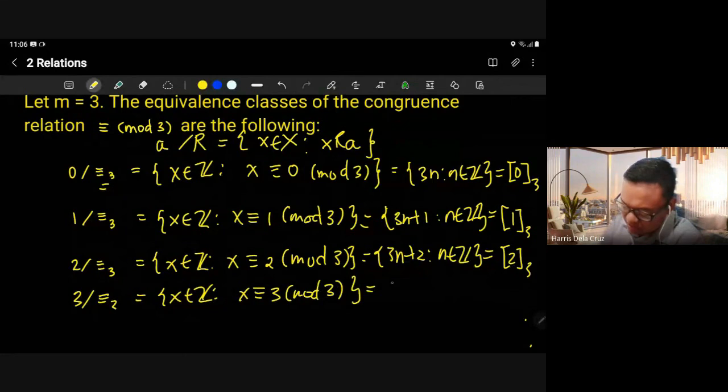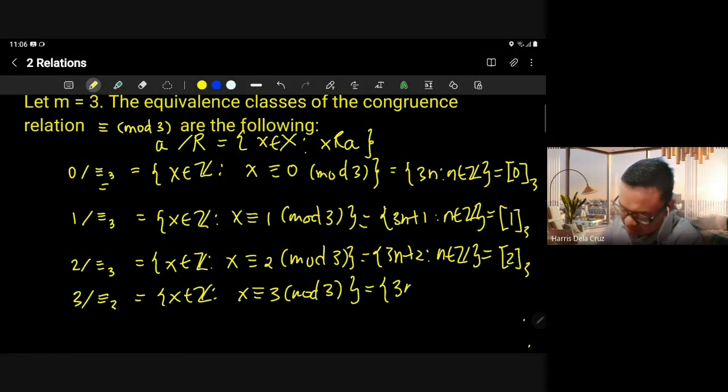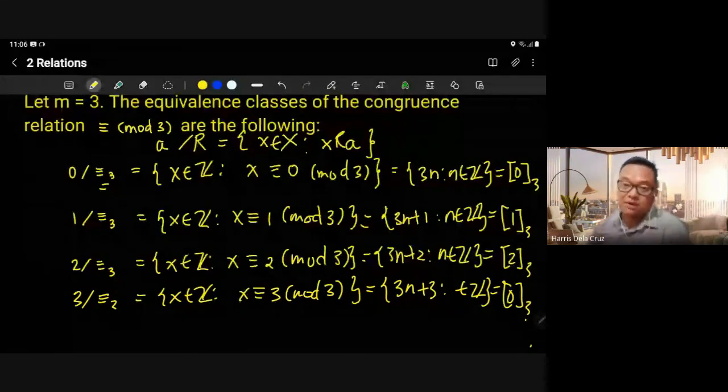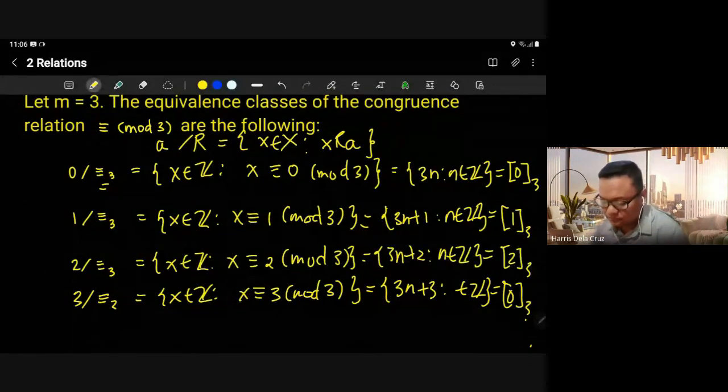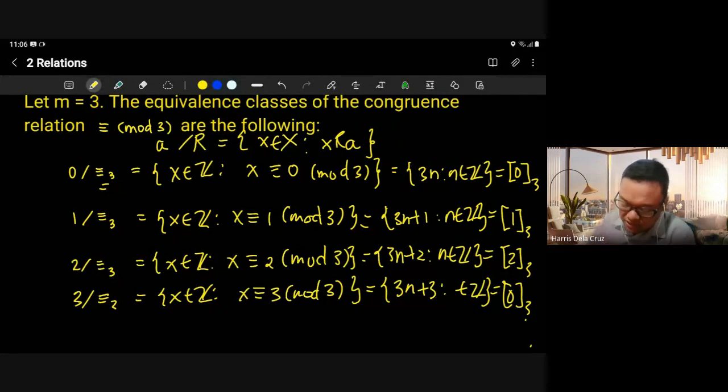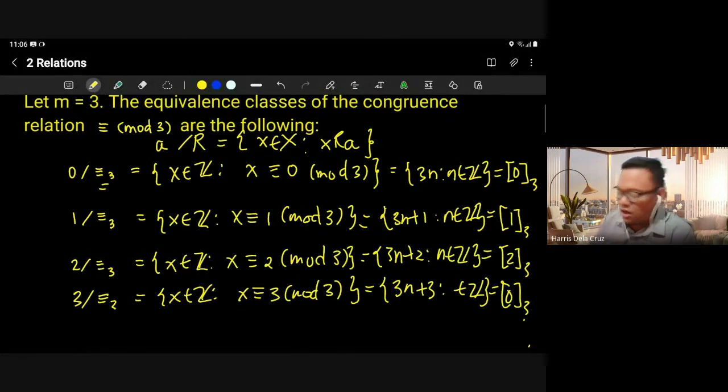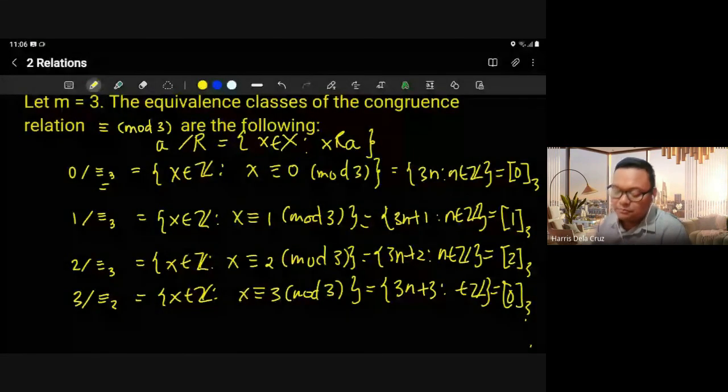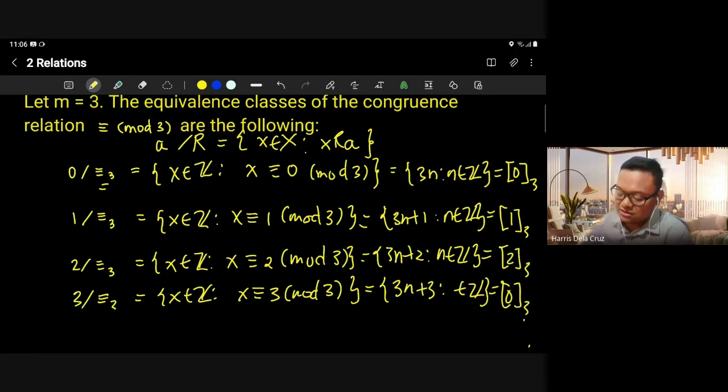Well, basically, what you're doing is you're getting the set 3n plus 3, n element of Z. But 3n plus 3, we can easily show that's the same as the 0 bracket 3. Okay? So, pag kinuha mo yung lahat ng element x, 0, 1, 2, 3, 4, 5, tapos in-over modular relation siya, paulit-ulit na makukuha mo lang yung tatlong set 0, 1, 2. So, meron lang tatlong distinct equivalence class modulo 3.